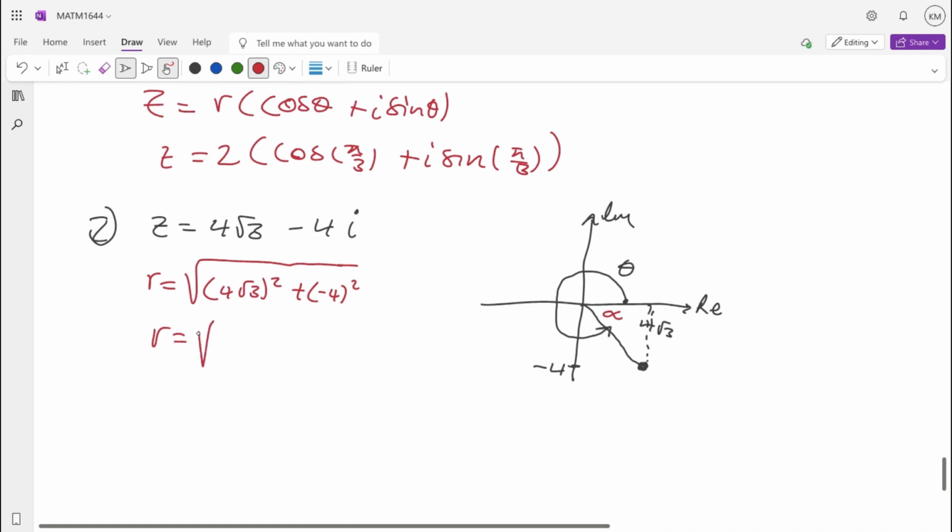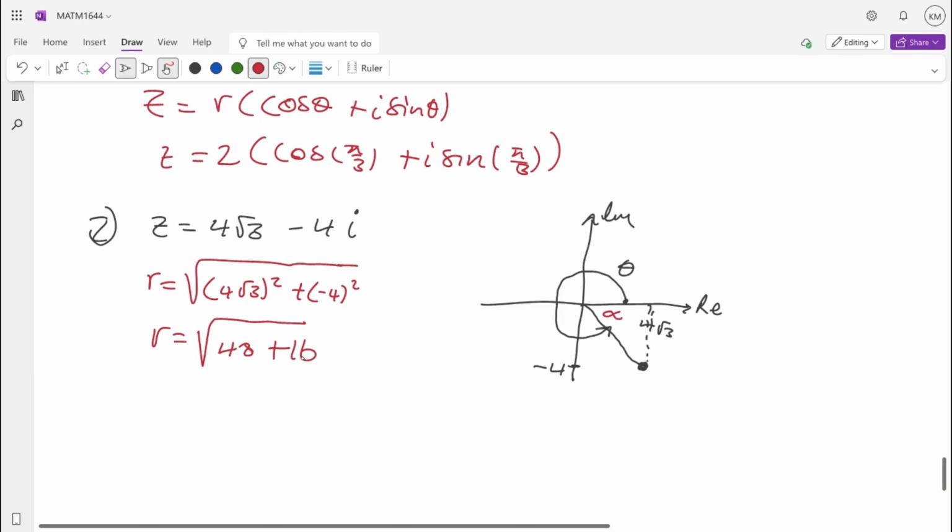So under the square root we'll have 48, not 42, 48, then plus 16.